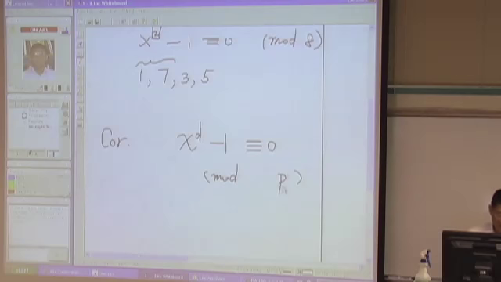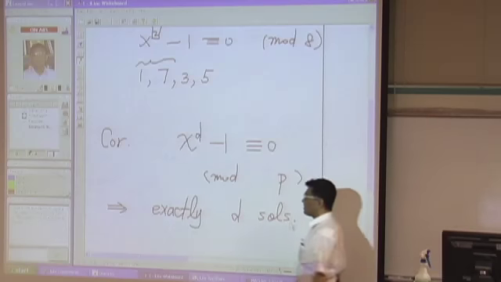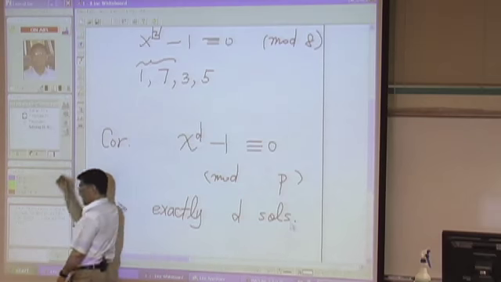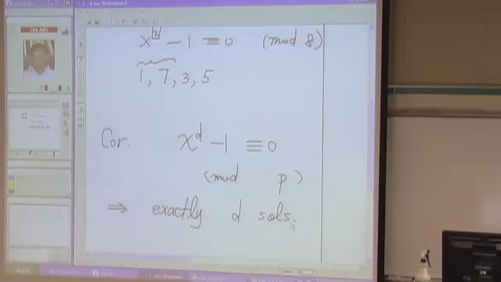Then the corollary says there are exactly D solutions. When you have an equation of order D, then there are exactly D distinct, or incongruent, solutions.